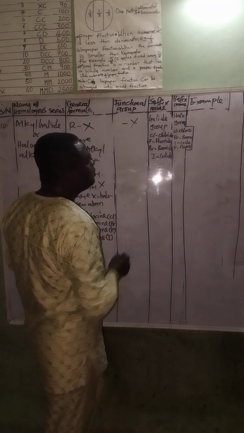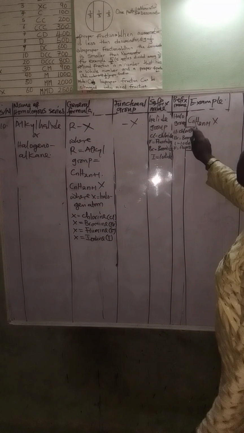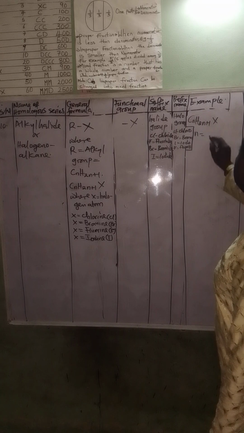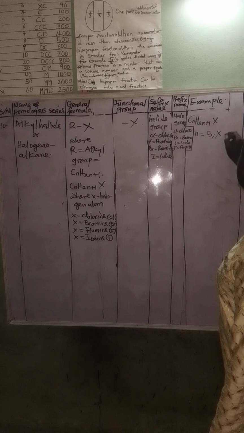So these are they. Now, let's assume that when the formula is CnH2n+1X, let's say our n is 5 and our X is chlorine.